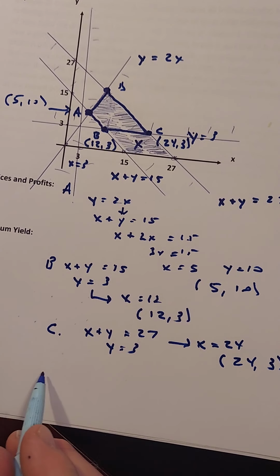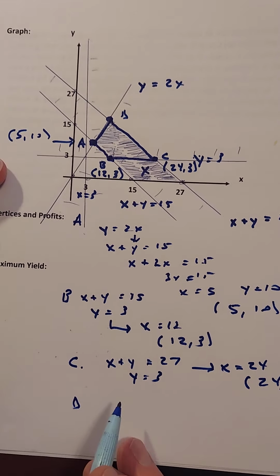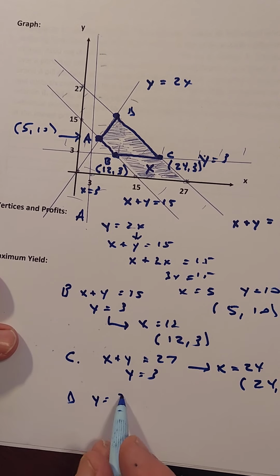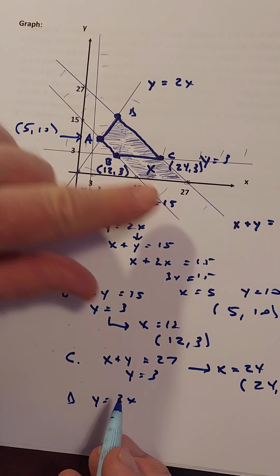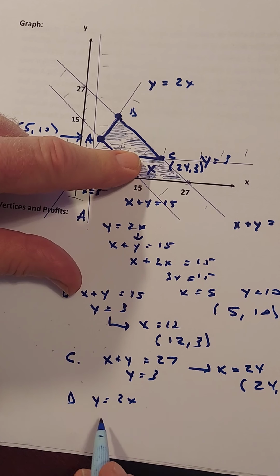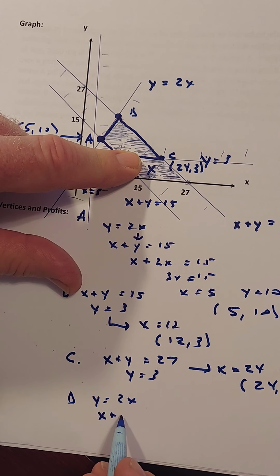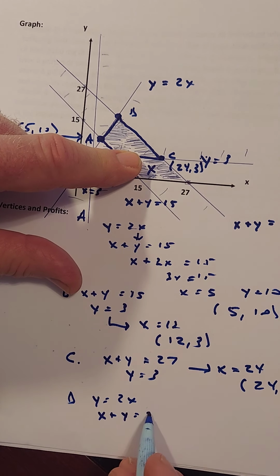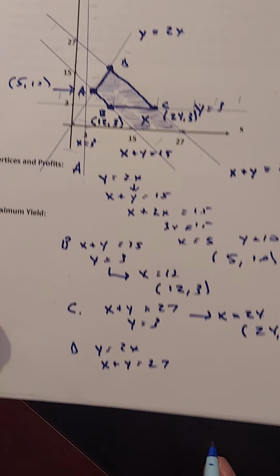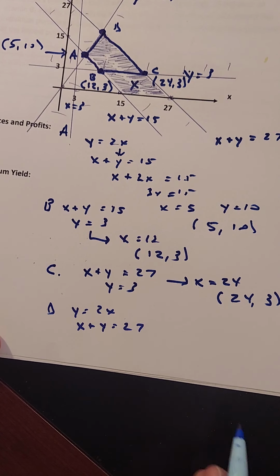And last but not least, we have to find D. D's probably going to be the hardest one. D is on that y equals 2x, and it's also on x plus y equals 27. So again, I would probably substitute on this one.